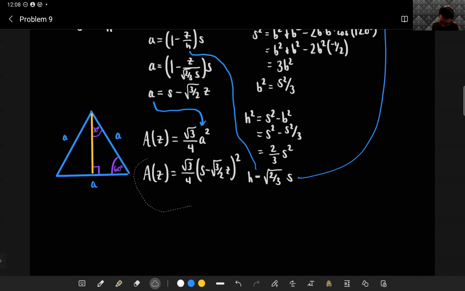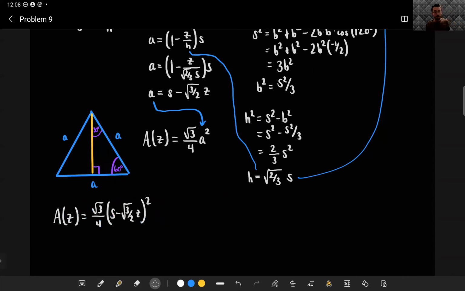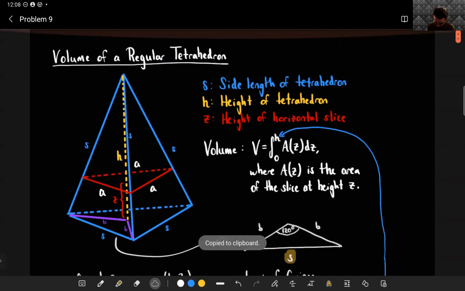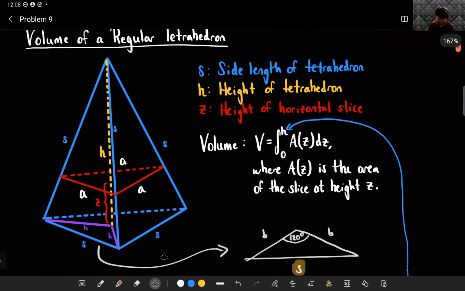Maybe I'll just put this down here. Okay, and yeah, that is our formula. And this is what we're going to take. I'll actually just cut and paste it up here. That's exactly what we were looking for when we started this whole thing off.